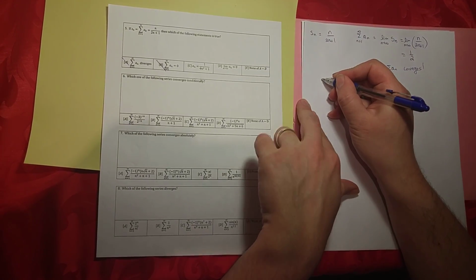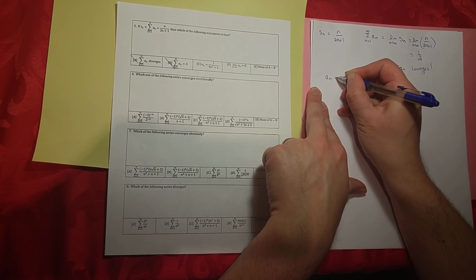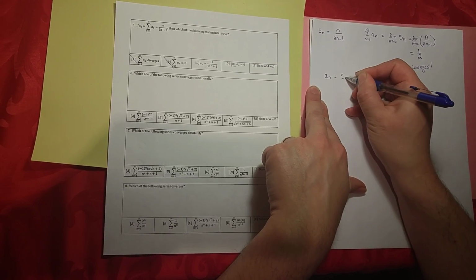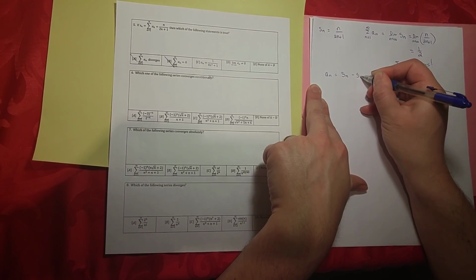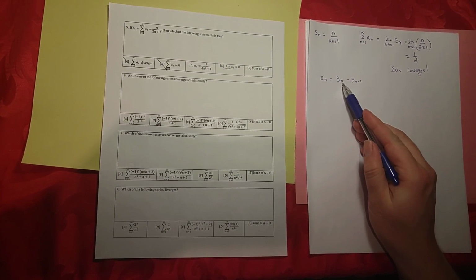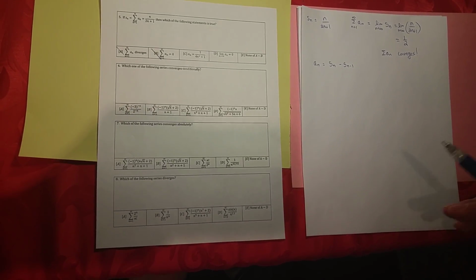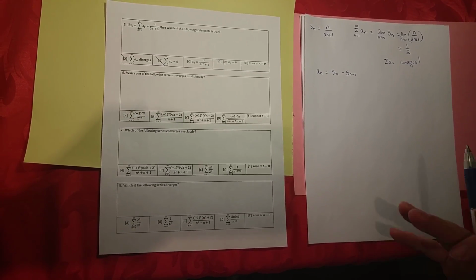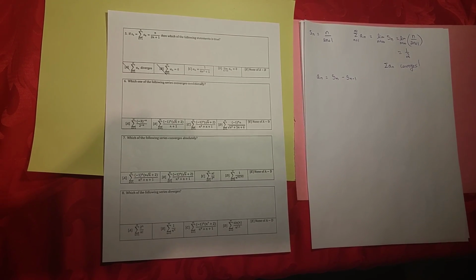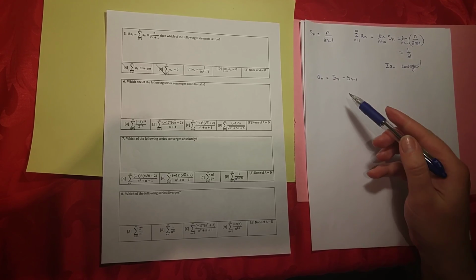The general form for doing that is we can calculate a sub n is equal to s sub n minus s sub n minus 1. So conceptually what's going on is this. Suppose S sub n represents the first 50 paychecks that have been added into a bank account. And you want to find out how much money was added in for that 50th week.